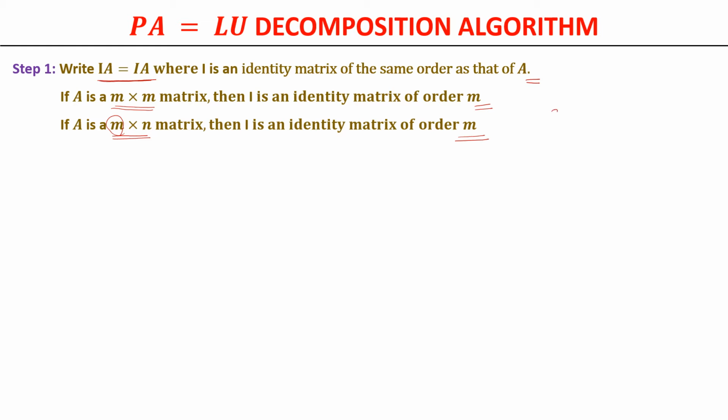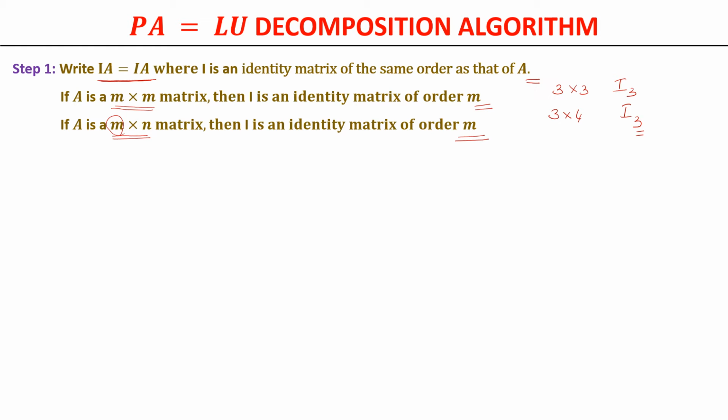So if I have a matrix of order 3 by 4, then I3 would be considered rather than I4. If it is a 3 by 3 square, I am taking a 3 by 3 identity matrix. But if I have the number of rows to be 3 and columns to be 4, then I would be considering the identity matrix of order 3. And then I proceed.